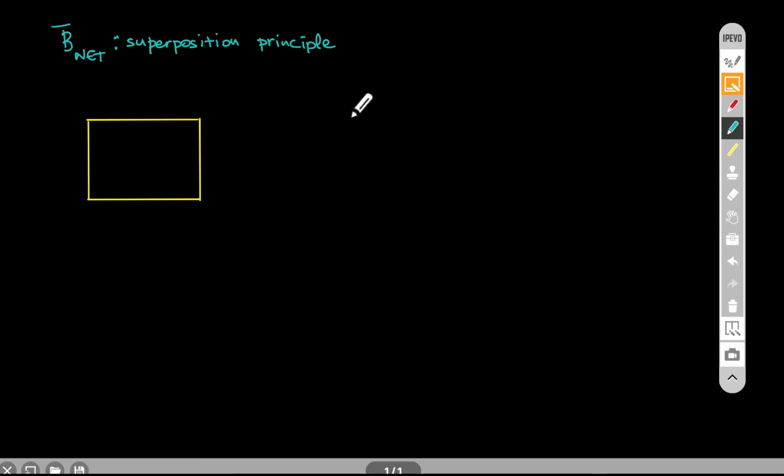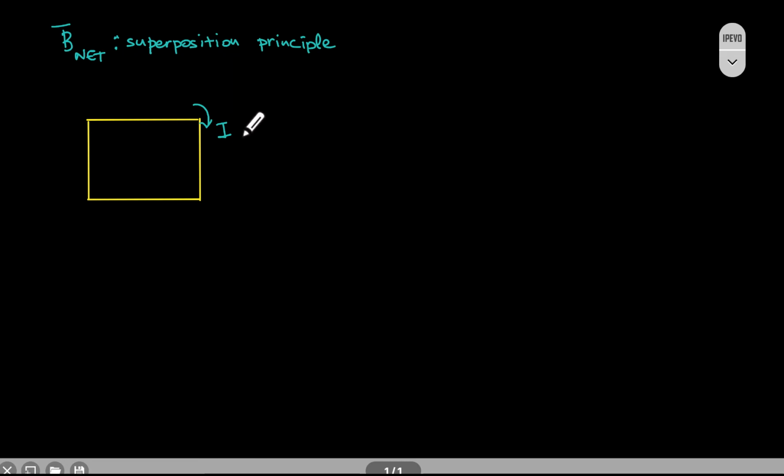Now, let's say we have a current. Conventional current is flowing this way on this rectangular wire. We know how to find the magnetic field from a straight wire. Let's say I can place the observation location wherever. So I could put the observation location here. I could place it outside. No, I cannot place it outside.